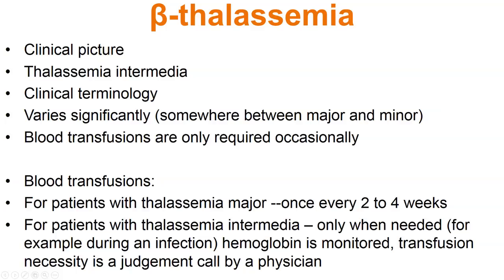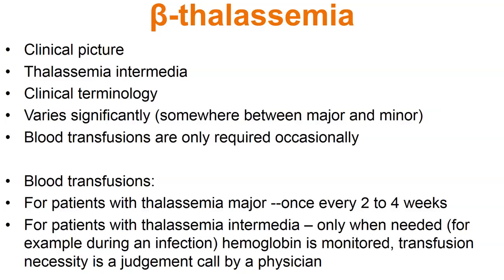Now, I told you we have this spectrum of symptoms from major and minor. There's also a thalassemia intermedia that confuses the picture a little bit. So remember, this is a clinical term, so it's not determined absolutely by molecular genetics.